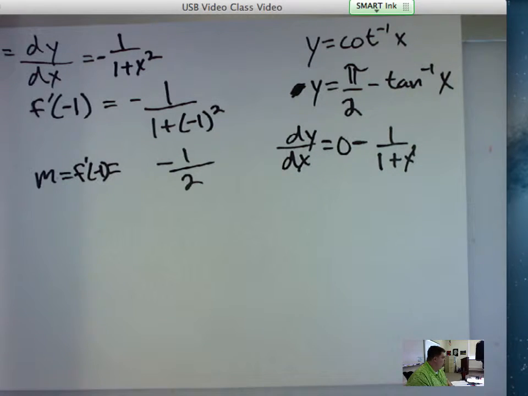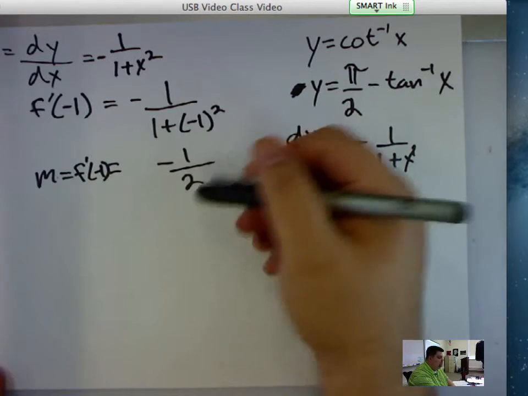What's the big picture? What am I trying to do? I'm trying to find the slope. Why do I need the slope? I gotta write the equation of the tangent line. So to write the equation of the tangent line, I need two things. What do I need? Point and slope. We found the point, and now what's the relationship between the slope and the derivative? They're the same thing, right? Two different words mean the same thing. So the slope is the derivative evaluated at that point x.